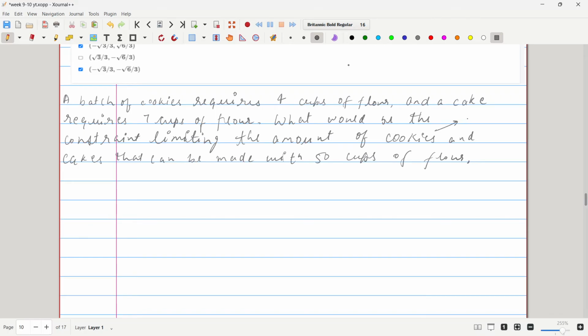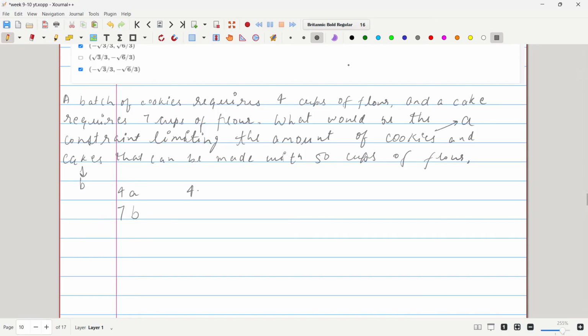Cookies are defined as A and cakes are defined as B. So we need 4 cups for cookies, that means 4A, and we need 7 cups for cakes, so 7B.